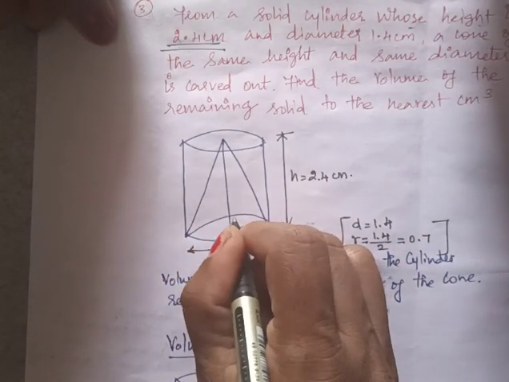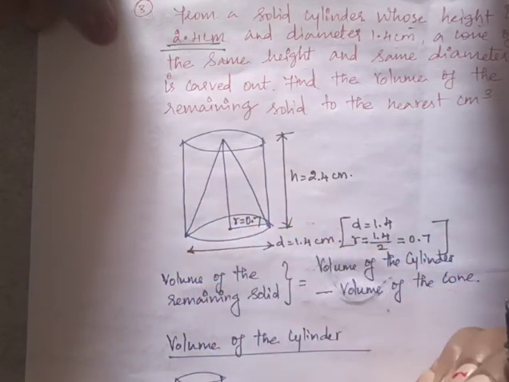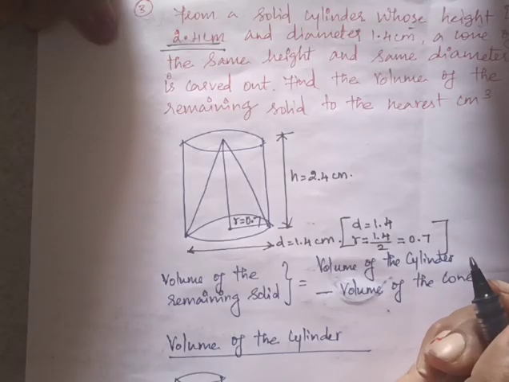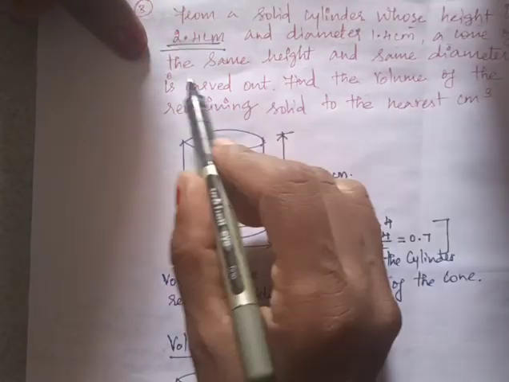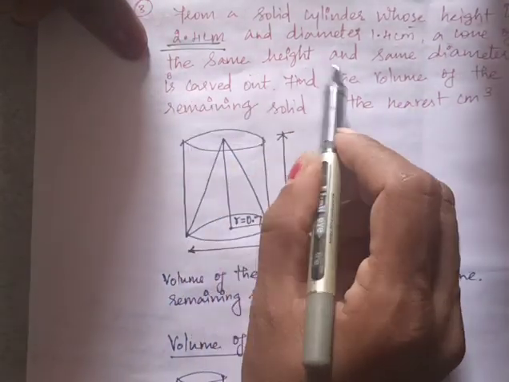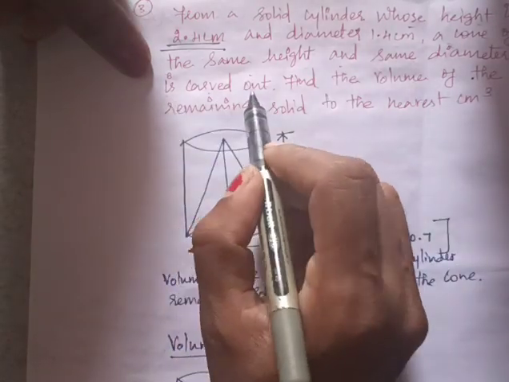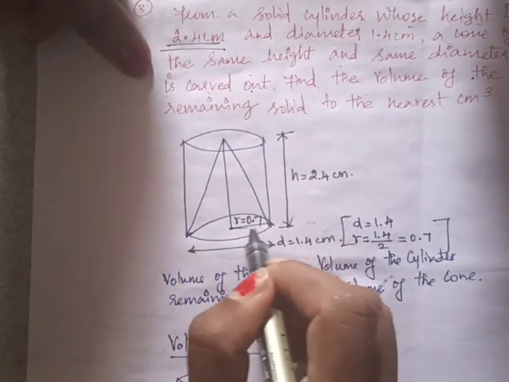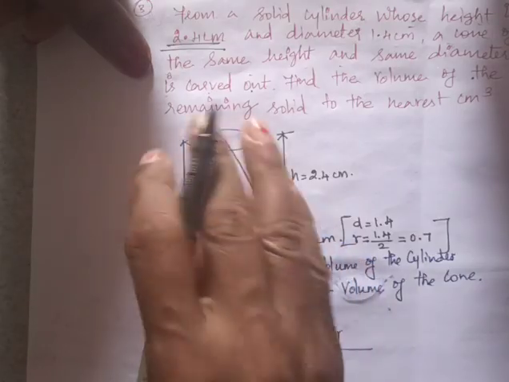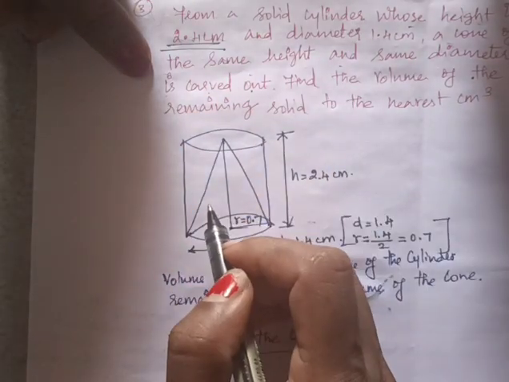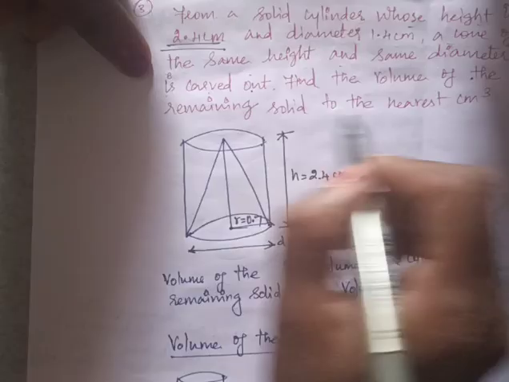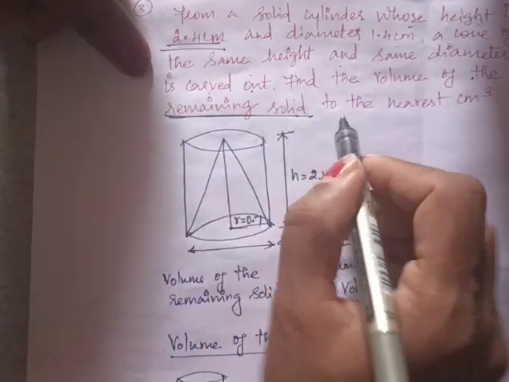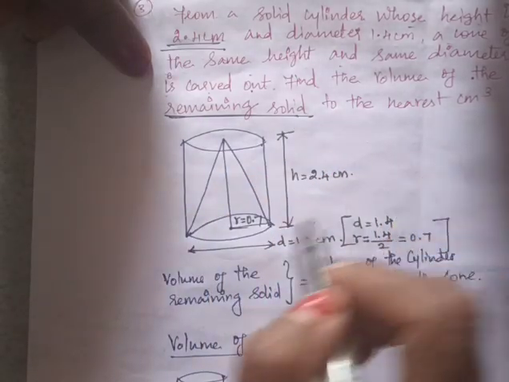Here the radius is 0.7 centimeter. A cone of the same height and same diameter is carved out. Find the volume of the remaining solid to the nearest centimeter cube.